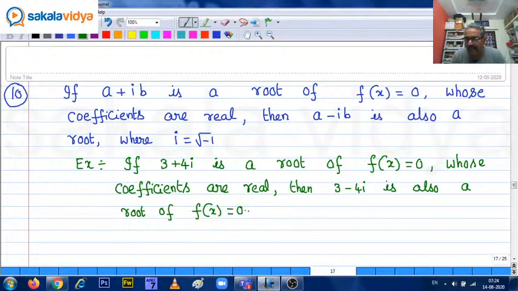That means if the coefficients are real only, then it will happen. If the coefficients are not real, then we should not write like that. There is a condition. So this is a very important point you need to remember. Coefficients are real or rational, then only we can apply.